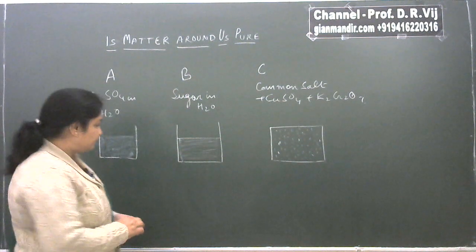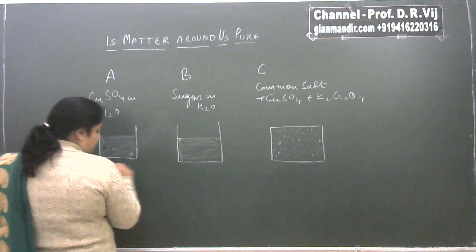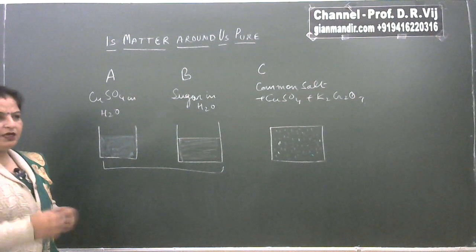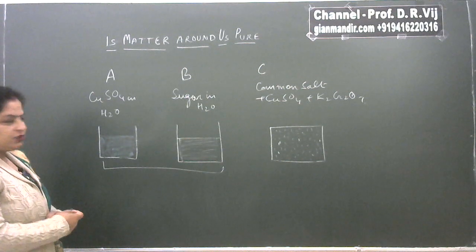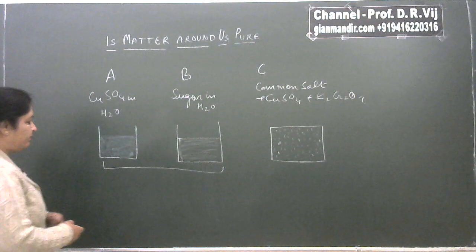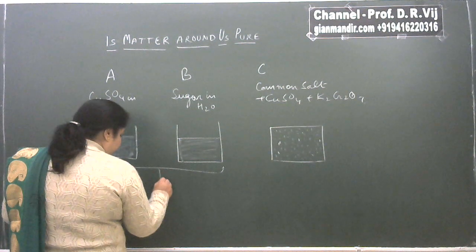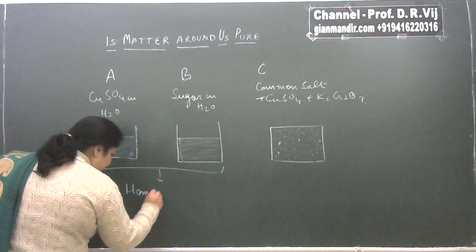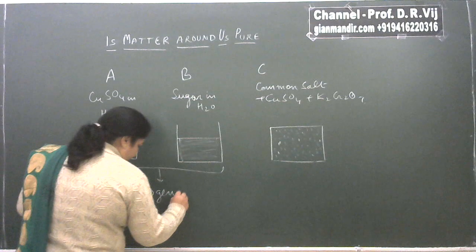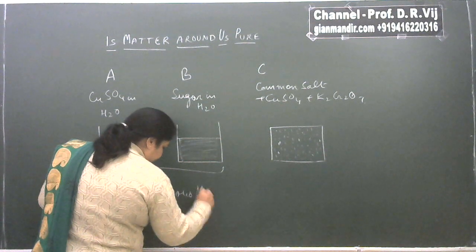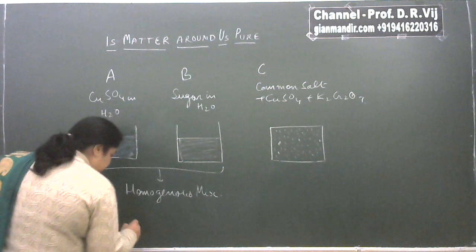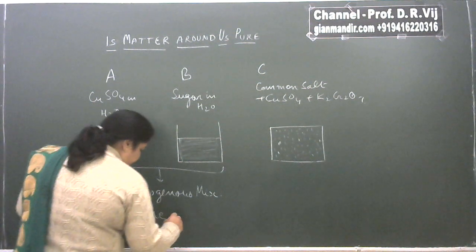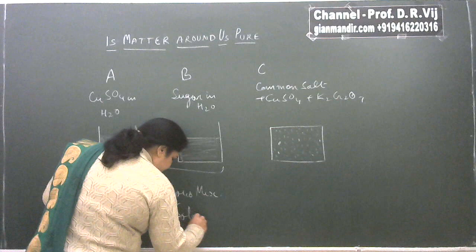So in the first two groups, you are getting a uniform mixture of all the components. So here the first two are giving you a homogeneous mixture, and this homogeneous mixture is known as a true solution, right?